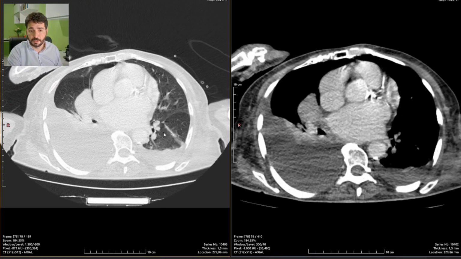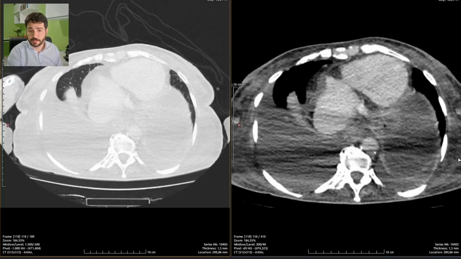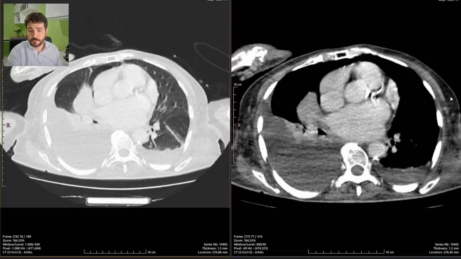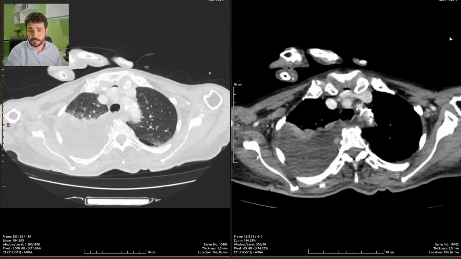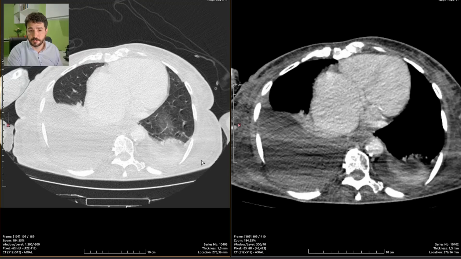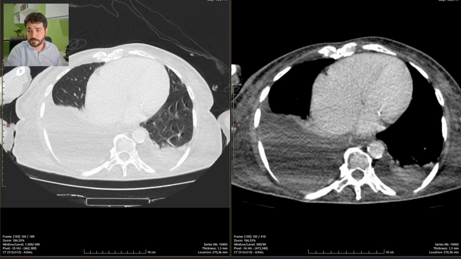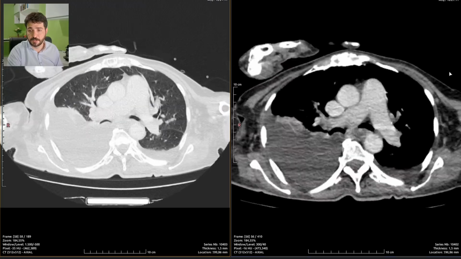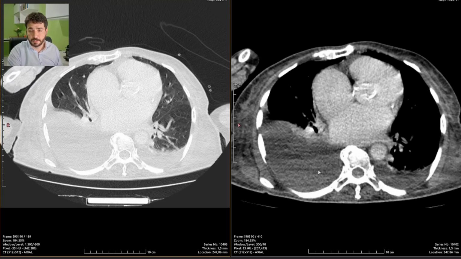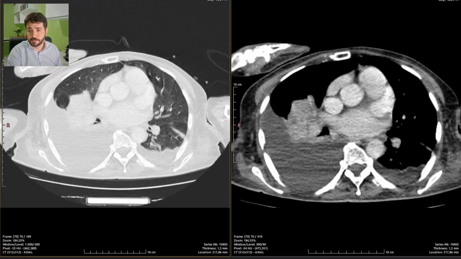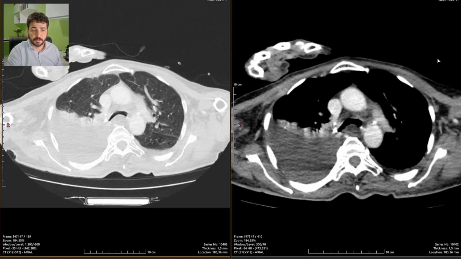We have some lenticular discoid atelectasis, segmental atelectasis on the left lower lobe, usually on the basal segments of such lobe. This is most probably related to the mass effect of such large effusions.